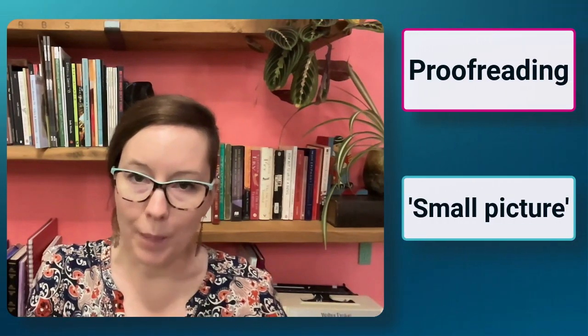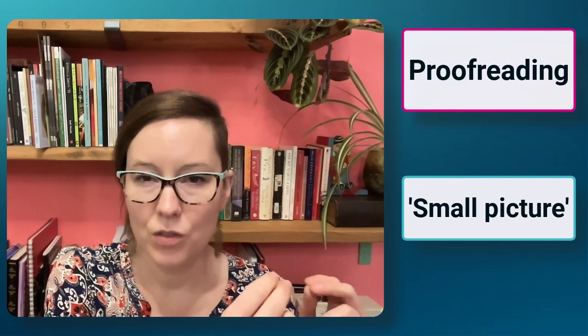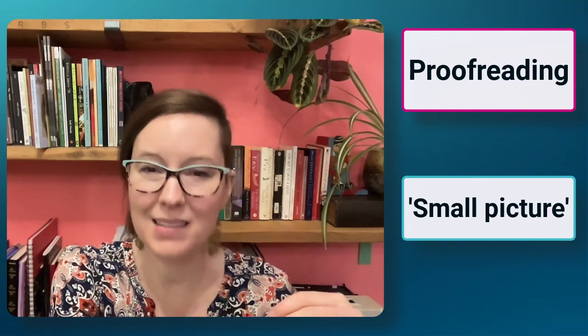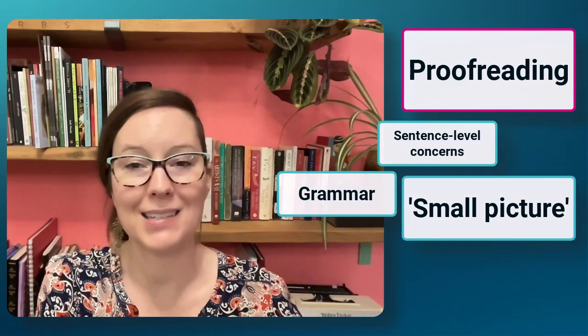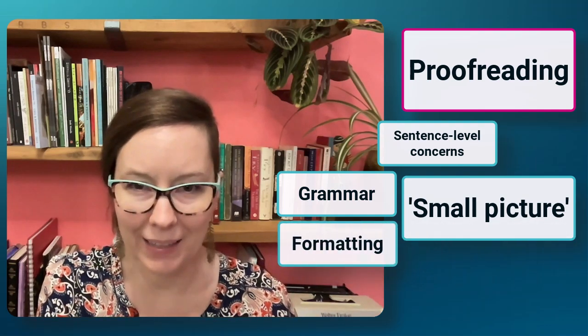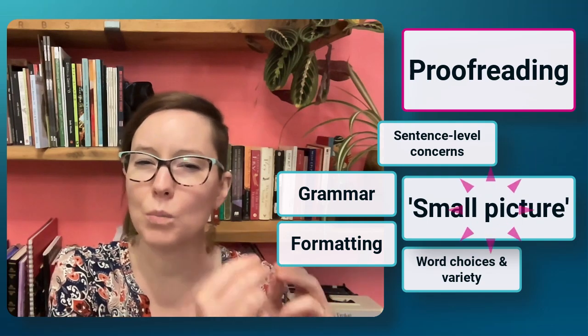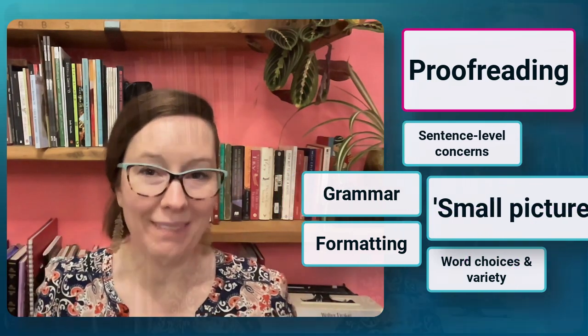Proofreading is going to be about more local or sentence level concerns. So those are the tiny things like sentence and word level choices, grammar, consistency of formatting, variety of vocabulary, all of those small decisions that you do really at the end.